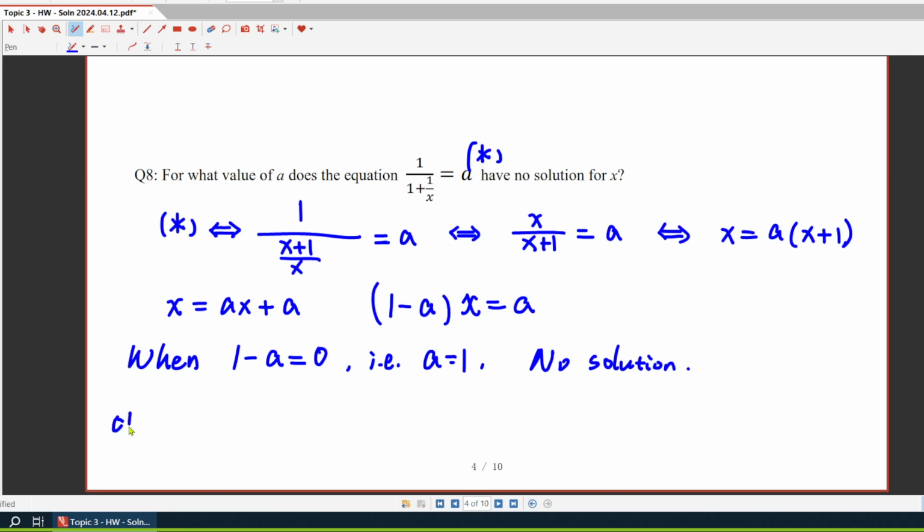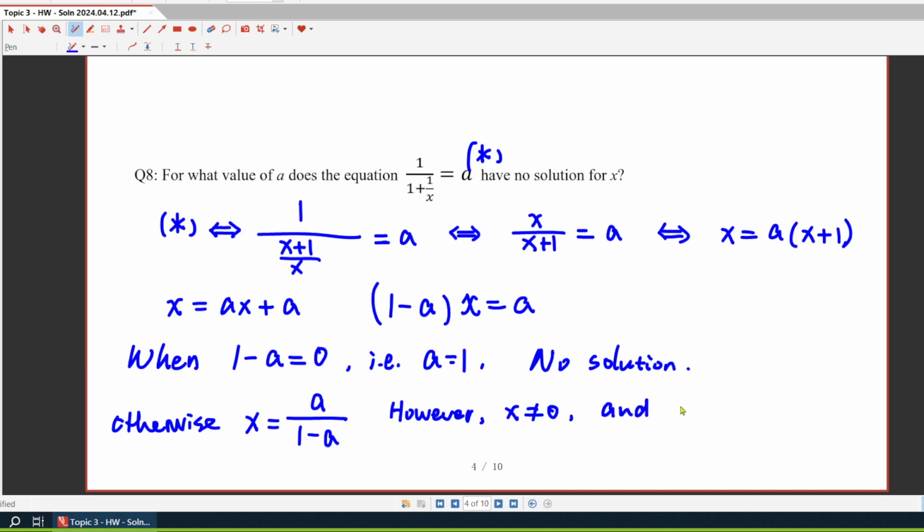And otherwise, if a is not 1, we have x equals a over 1 minus a, right? However, x is not 0.